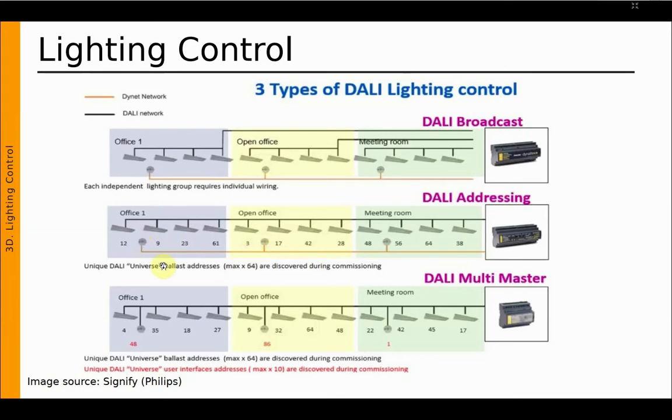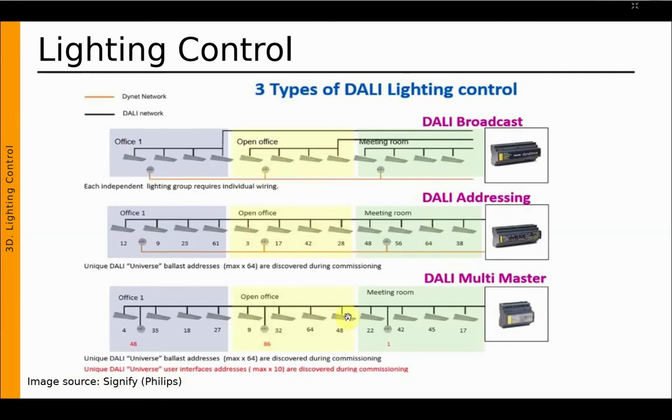So when there are people in this room, the sensor detects them and sets the lamp on, and vice versa. When there is no person in this room, the controller sets the lamp to off. So it will reduce the energy used in the building.